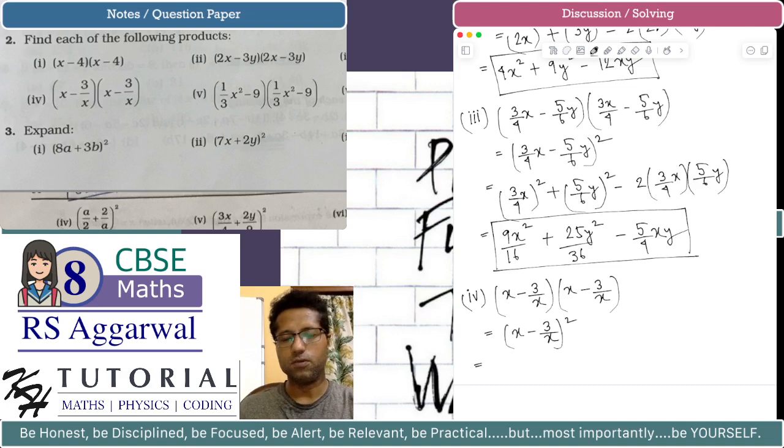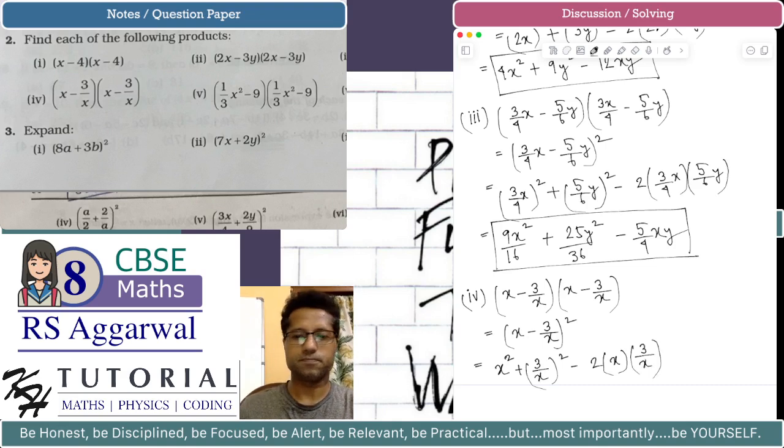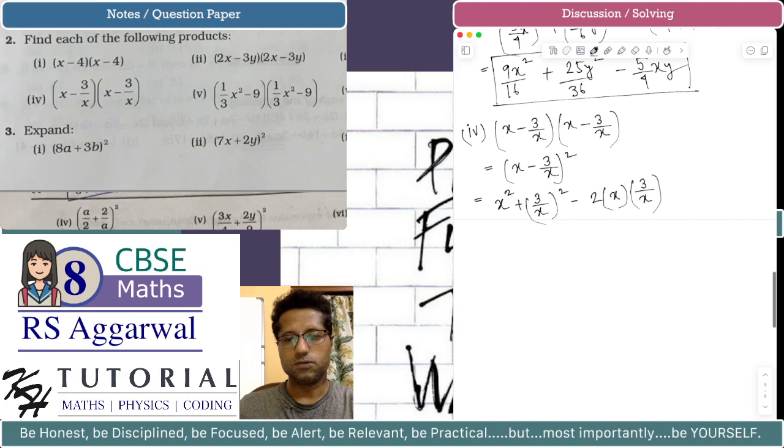Now applying the formula of a minus b whole square, this becomes a square, that is x square, plus 3 by x square, minus 2 into x multiplied by 3 by x. So this is equal to x square plus 9 by x square minus 6.